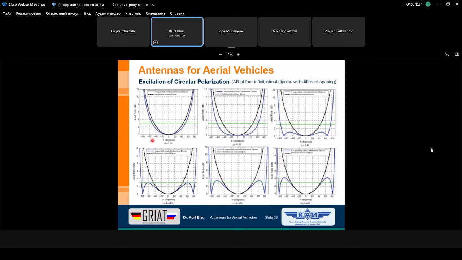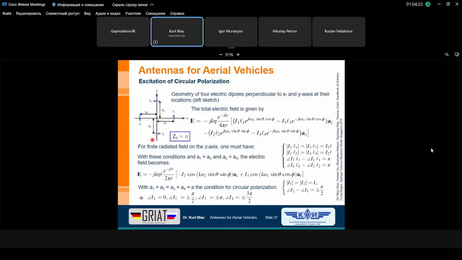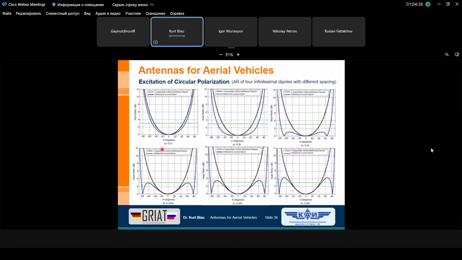It's the distance in the figures, the small d. Okay, let's start. The distance between the dipoles given in wavelengths, this distance, it's 0.2 lambda.